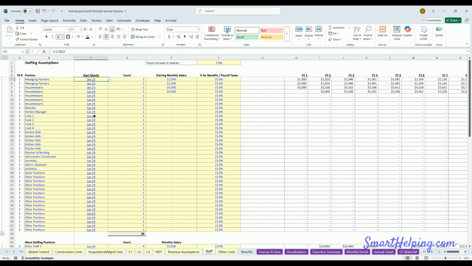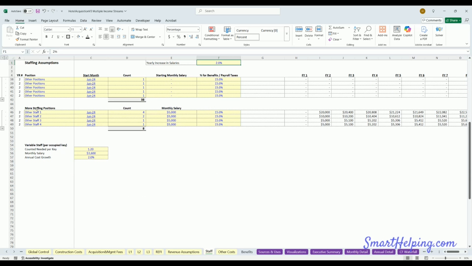Staffing: you could do the start month of each staff type, a whole bunch of different staff types, the count of each staff type, the starting monthly salary. Keep in mind that's a monthly salary amount, not annualized. And then the percentage of payroll benefits, and then the percentage increase in salaries over time. You also have some more staffing positions here. Same logic: the start month, how many there are, the monthly salary, the payroll tax benefit percentages.